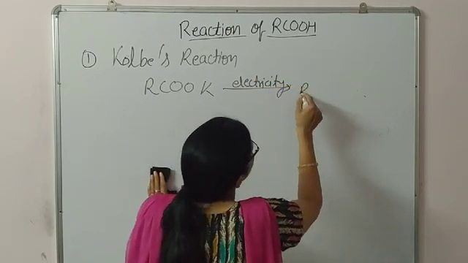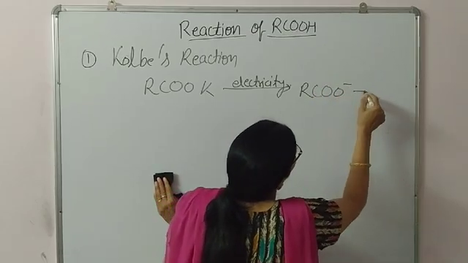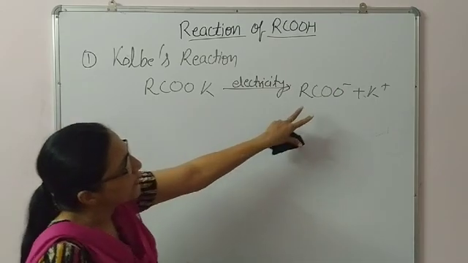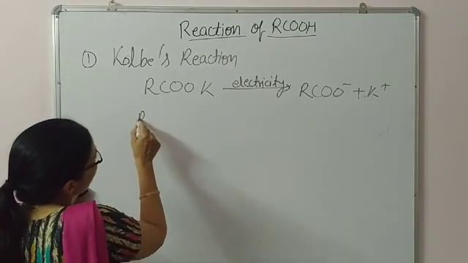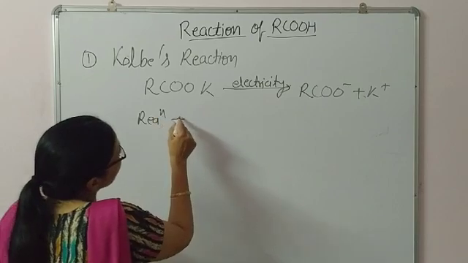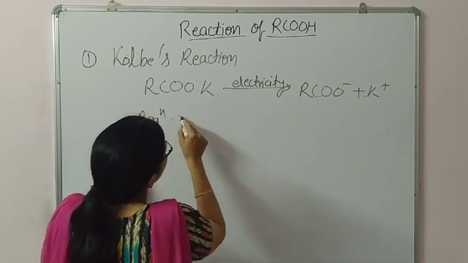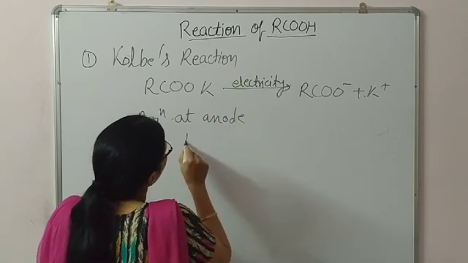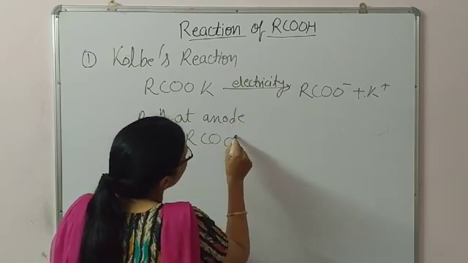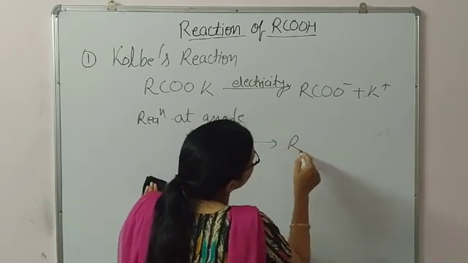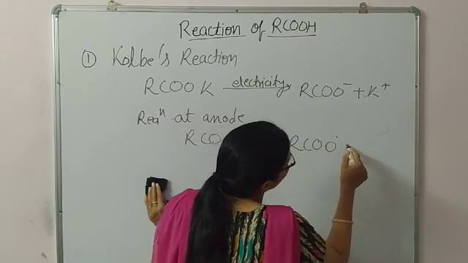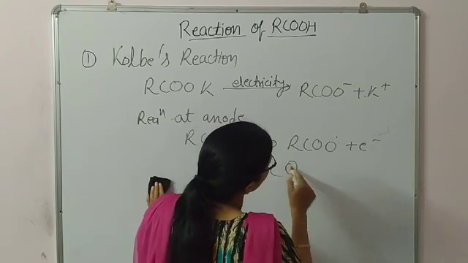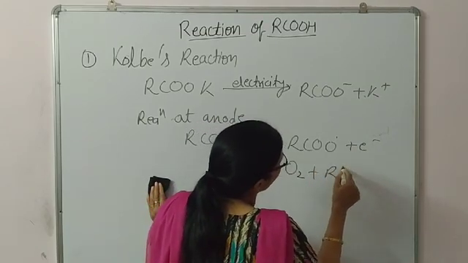Then RCOO minus and K plus will form. The ions will be separated. In the reaction at the anode, what will happen? RCOO minus will lose an electron. Further it will lose CO2 and R dot will form.